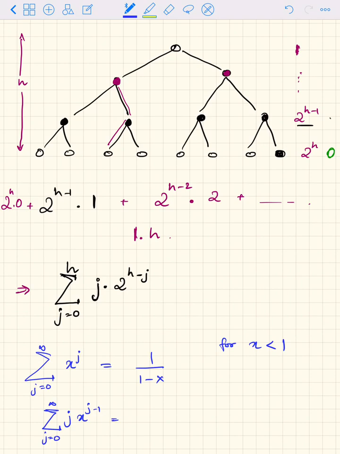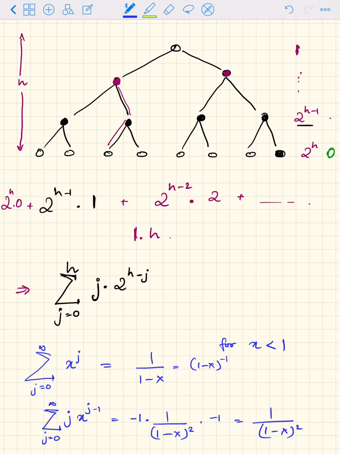It's going to be the power. So this is basically 1 minus x to the power minus 1. So that's going to be minus 1 times, you decrement the power, so 1 over 1 minus x squared. And you have to take the derivative internally, so the derivative of 1 minus x with regards to x is going to be minus 1. So this is basically 1 over 1 minus x squared, right?